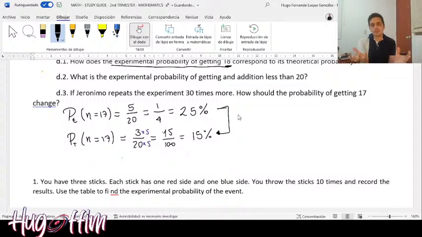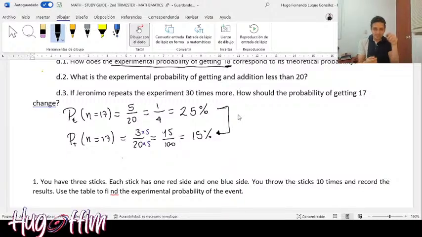Maybe it's not going to lower all the way to 15%. Maybe it's going to lower to 20%. Or maybe it's going to get down to 18%. We have no idea. However, it is expected that the experimental probability changes in favor of the theoretical probability. So if it was 25% and the theoretical is 15%, what we expect is a decrease of the experimental probability of getting 17.